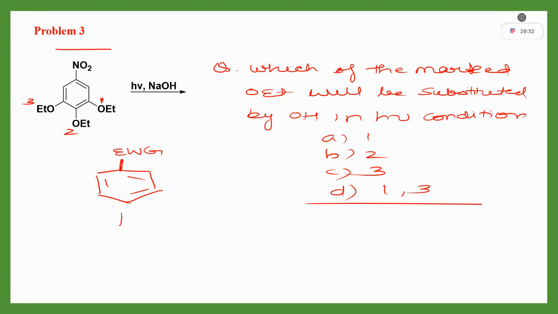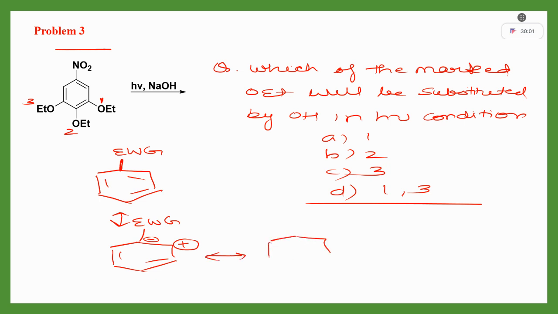So whenever you write its resonating form, obviously you are going to do like this, because the electron withdrawing group will stabilize this negative charge. Yes or no?